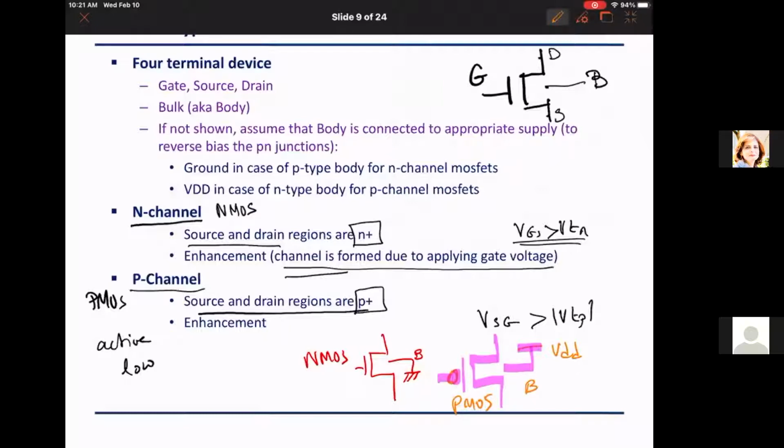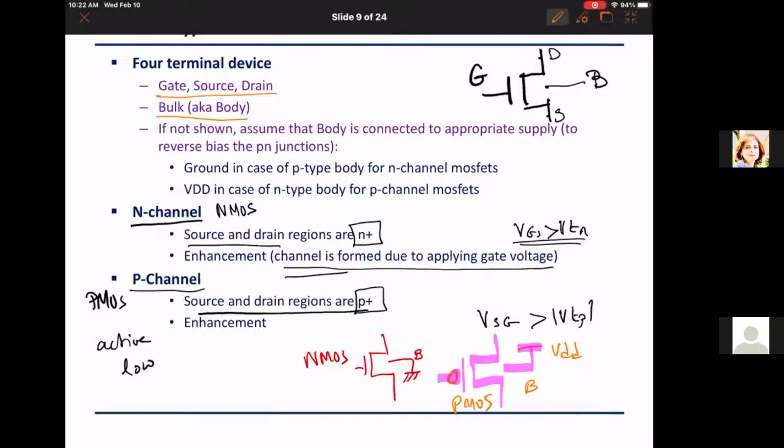And we explained that the motivation behind this was to turn off any parasitic diode junctions that can occur. We don't want those parasitic diodes to happen. Okay, so the bulk or the body, we have gate, source, drain.